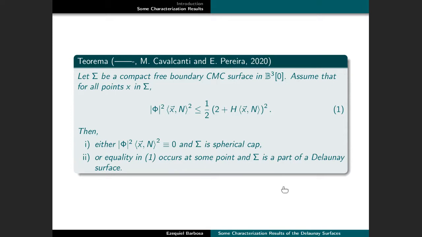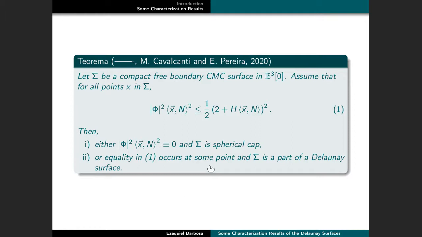So we don't know exactly what kind of piece of Delaunay will be the one satisfying this condition here. Because of course there can exist a piece of unduloid inside the ball satisfying this as well. We just know that there exists a piece that doesn't satisfy.